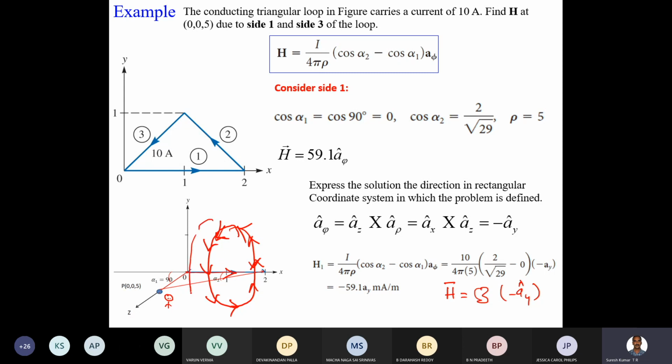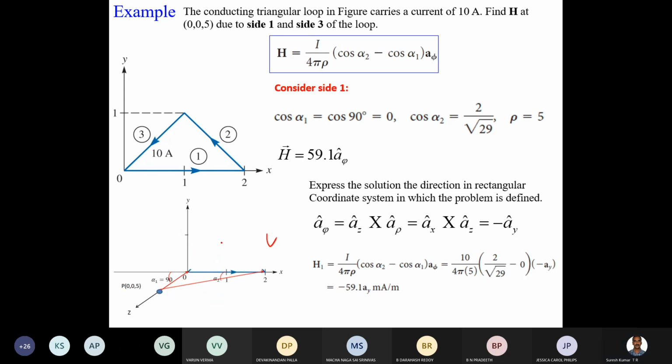So if you take any point, the magnetic field is going downward. In this direction it is going. So with respect to you, the observer, the magnetic field is passing in this downward direction.